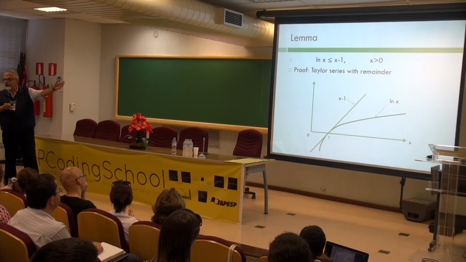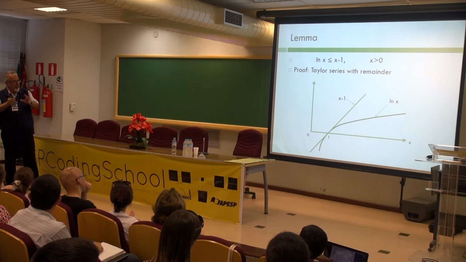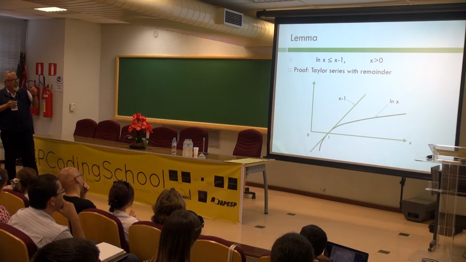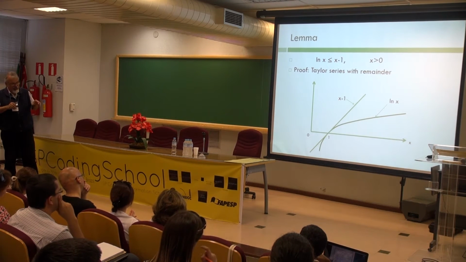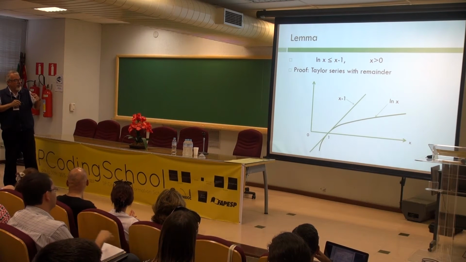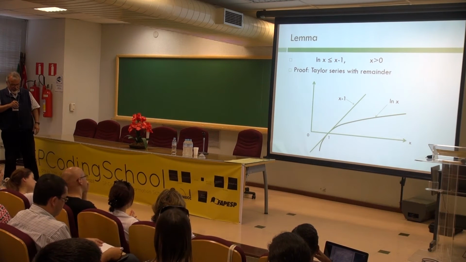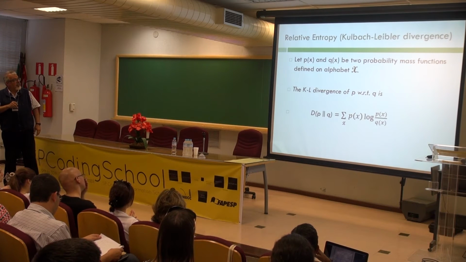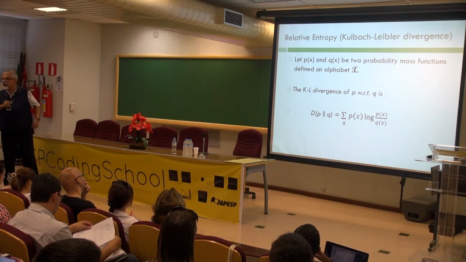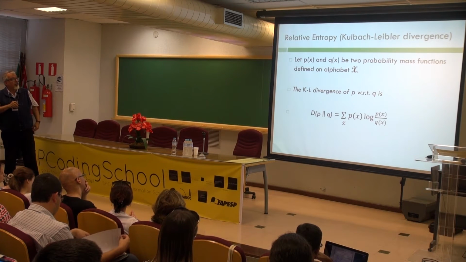And the proof is very simple. It's a Taylor series expansion with remainder. You throw away the remainder by adjusting the point where you do the sampling, and then you have it. So it's very simple. And as you'll see, most of the things that we'll see are a consequence of this lemma. Okay, in fact, very soon we'll have one. I'll now define the relative entropy or the Kullback-Leibler divergence.